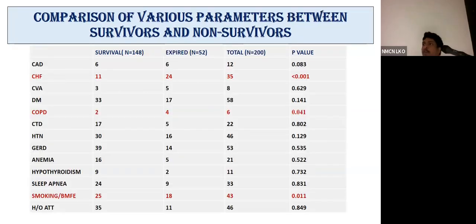Regarding comorbidities, presence of congestive heart failure, COPD, history of exposure to smoking, and biomass fuel were statistically significant for surviving and non-surviving patients in the included study.